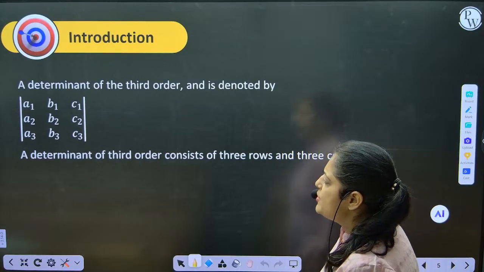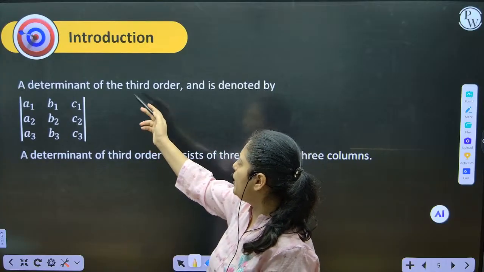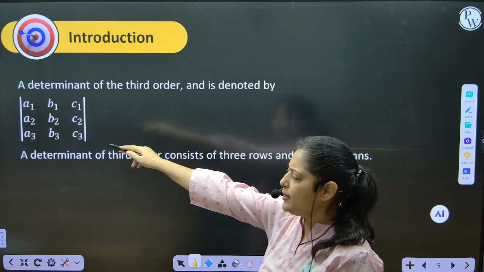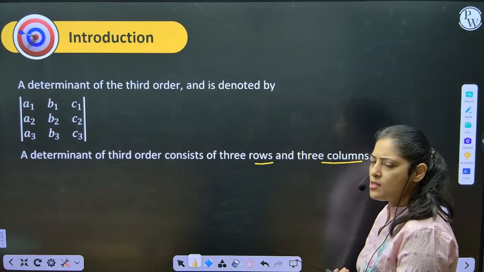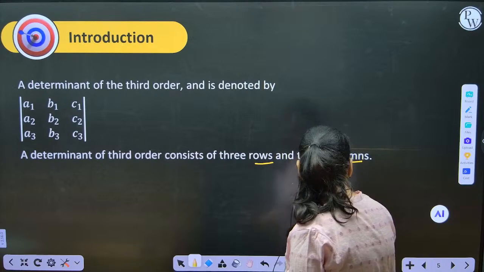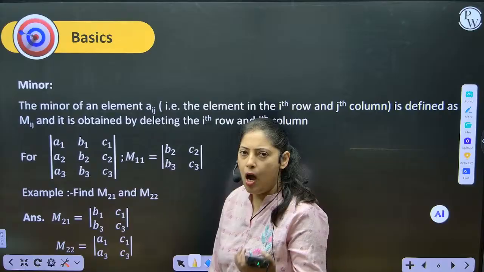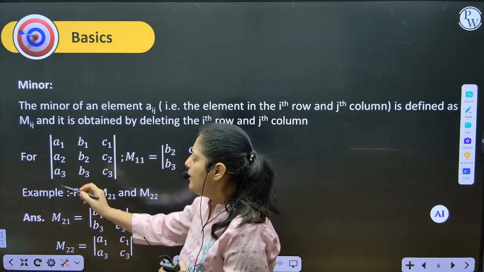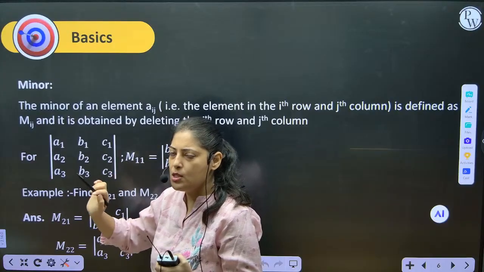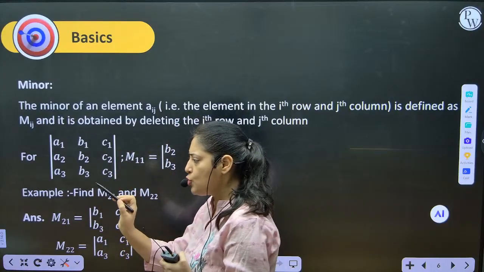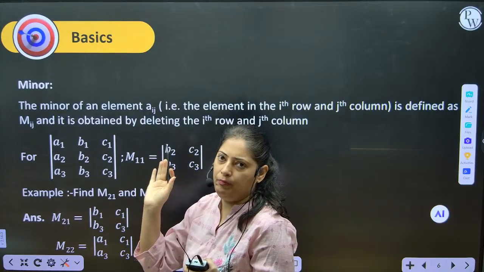All right, just giving you the recapitulation of determinant. What is the determinant? A determinant of the third order consists of 3 rows and 3 columns. Simple. No rocket science. Minor. How do we obtain minor? Mij means whichever row and column it is, leave that.